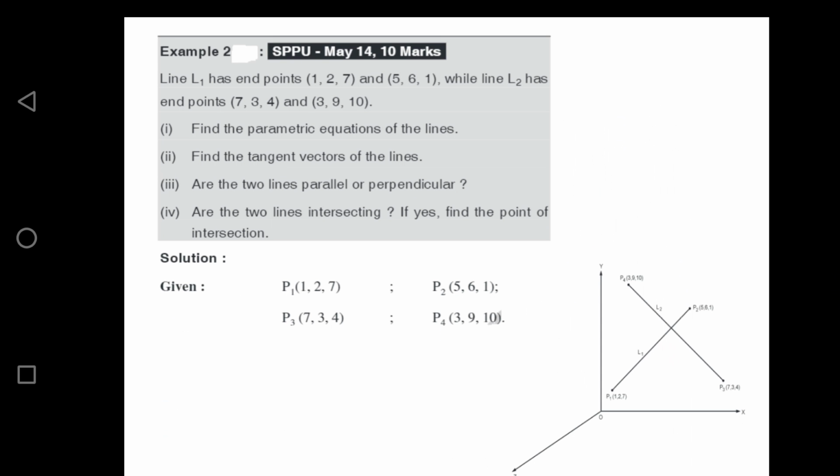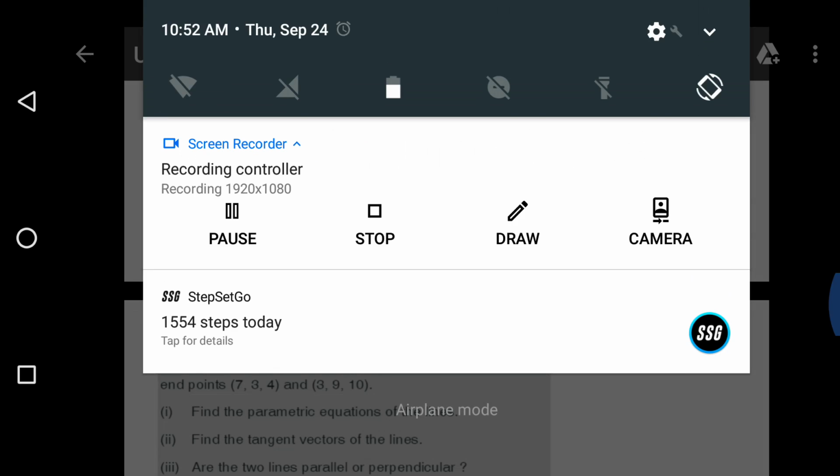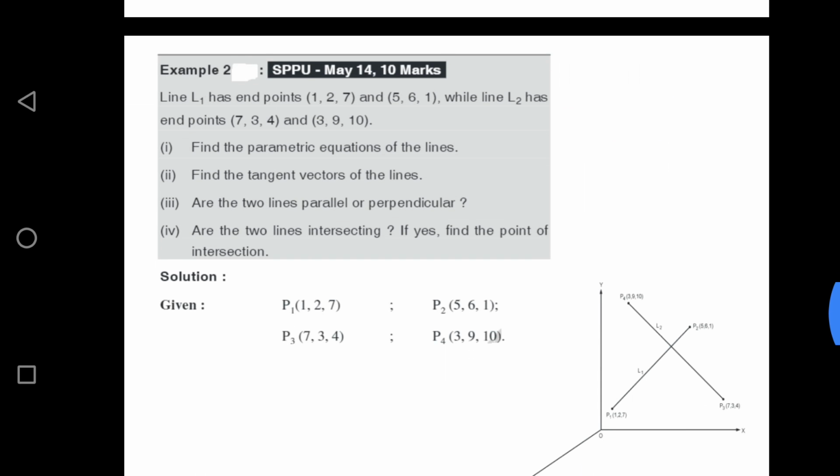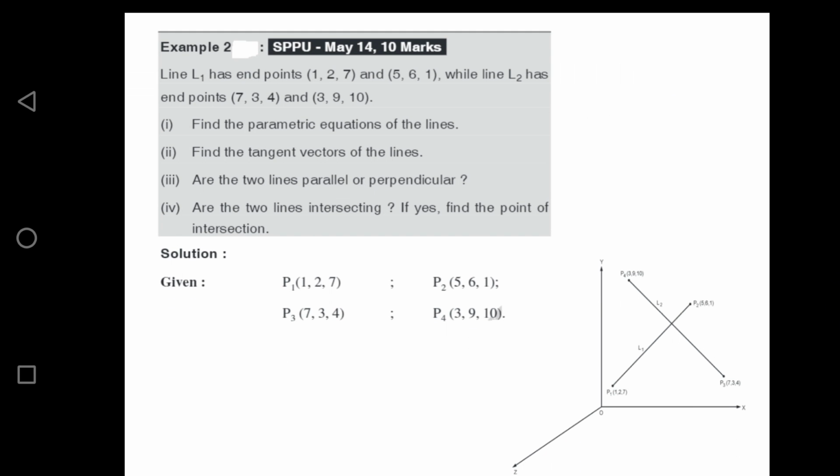We have a line L1 which has endpoints 1, 2, 7 and 5, 6, 1, while line L2 has endpoints 7, 3, 4 and 3, 9, 10. It is represented here in a Cartesian coordinate system.